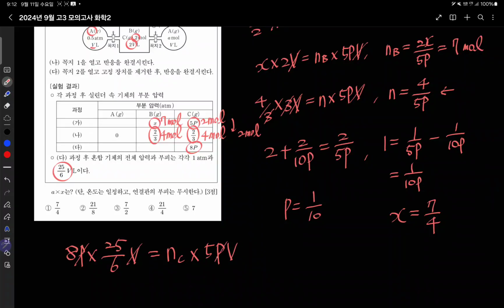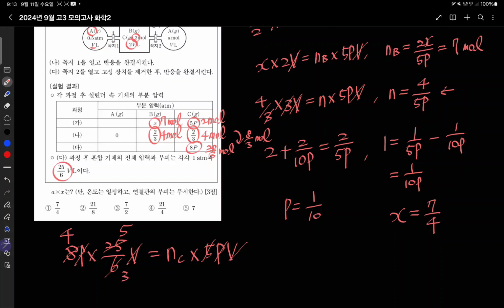So the amount of gas C after the second reaction is 20/3 mole. So that means from 4 to 20/3, additional 8/3 mole of gas C is newly made.